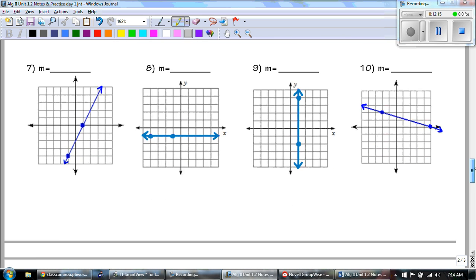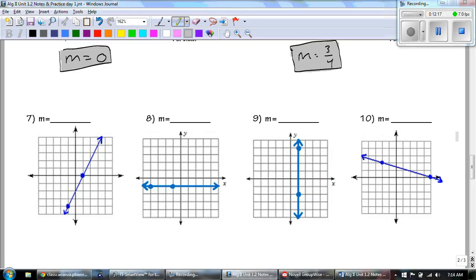All right. Last ones. So down here, we need to calculate our slope by looking at the graph. Okay, and I'm just going to go ahead and look at my points again, so those are easier to see.